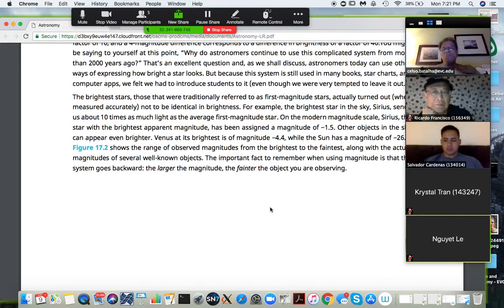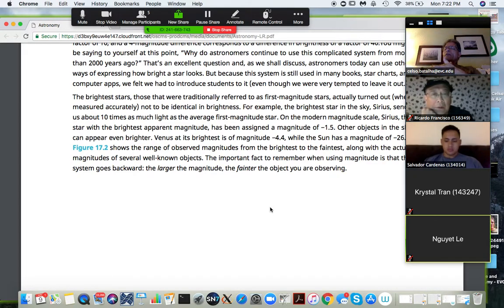They don't change much over time, and then they compare the apparent brightness of stars in the sky to the brightness of these standards. By doing so, they have a reference, a scale, and that scale is logarithmic.